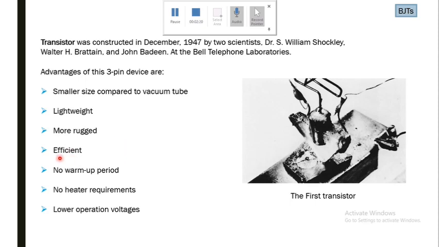The power efficiency of these transistors is much better than vacuum tubes, and we need no warm-up period and no heater for the proper functioning of the transistor. Also, lower voltages are needed to operate this transistor.